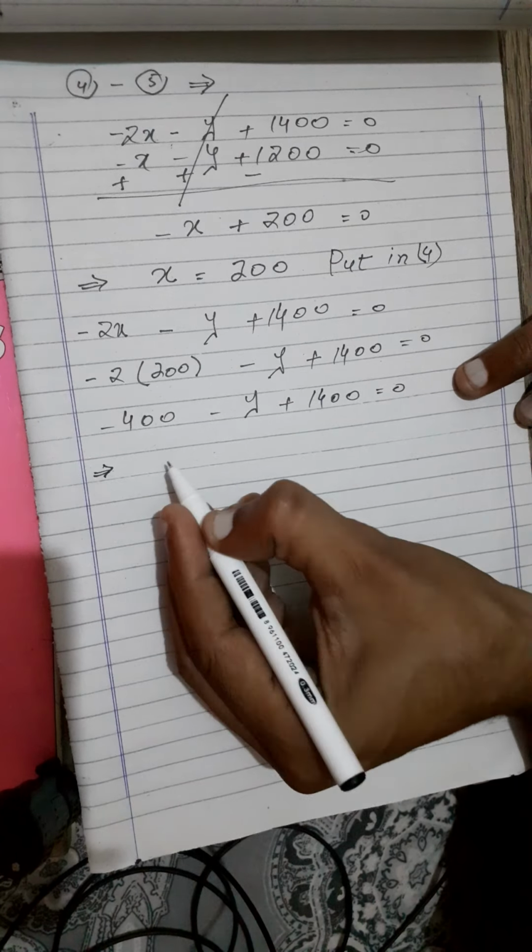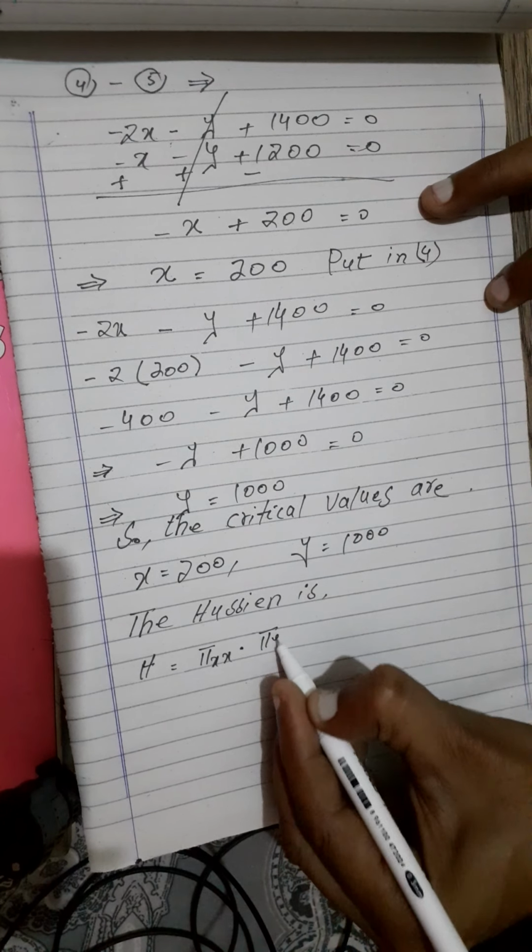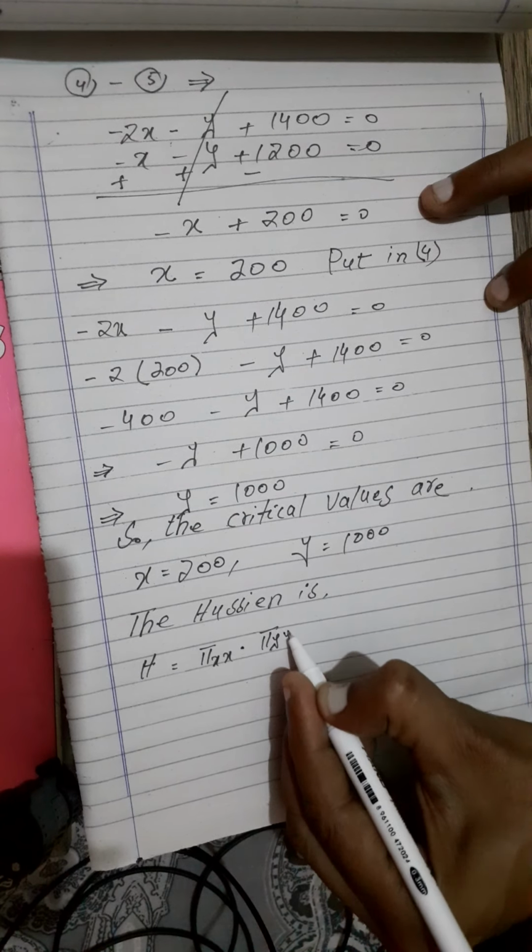Now the Hessian is H equals pi xx multiplied by pi yy minus pi xy whole square. Now putting the values of these second order partial derivatives.